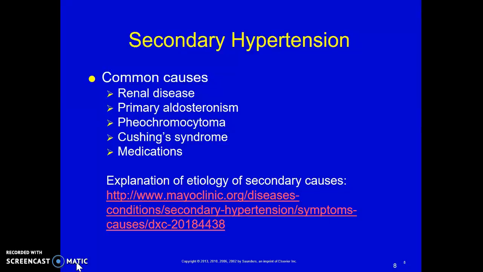So I'd like y'all to go to this link at the Mayo Clinic, and it really goes into great detail of a lot of different secondary conditions that can cause hypertension, because part of your assessment of a new client is you're looking for what is their hypertension level. You're looking at what is their disease, their obesity, their other vital signs, what lab work do they have that might show that they have hyperlipidemia as a cause.